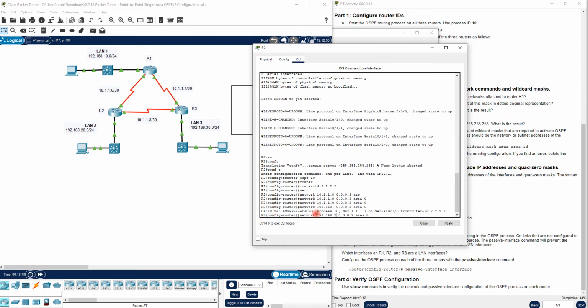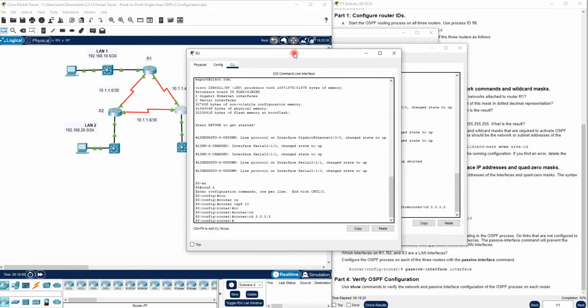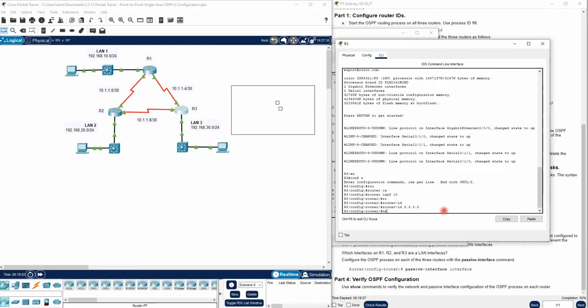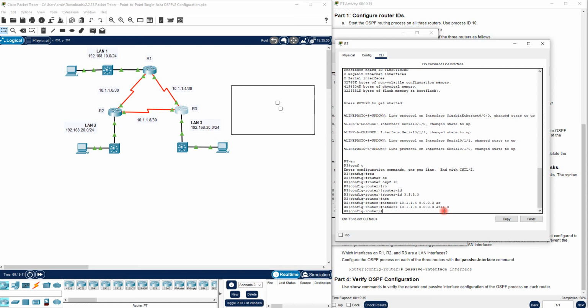And it should be 20.0, and the wildcard mask should be 0.0.0.255, and the area also 0. And the same process for 10.1.1.4 with wildcard 0.0.0.3, and area 0 for router 3.